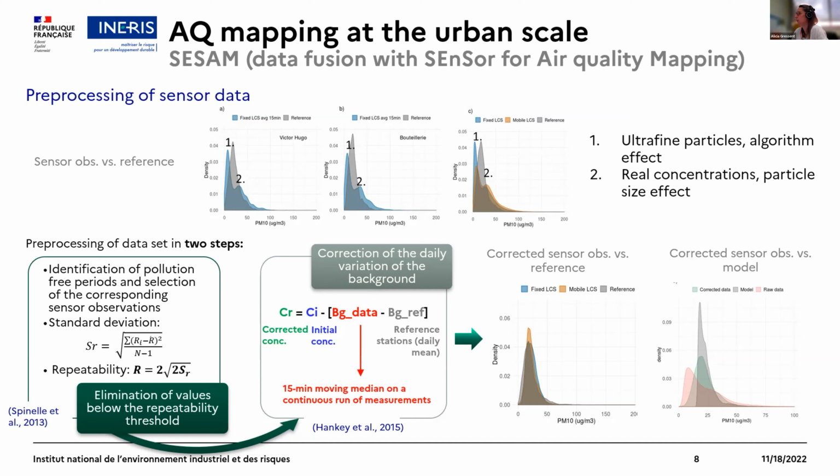And we obtain a corrected data set, and we can see here that we have a distribution which is more similar between the sensors and the reference stations. And we use this corrected data set for the data fusion procedure.